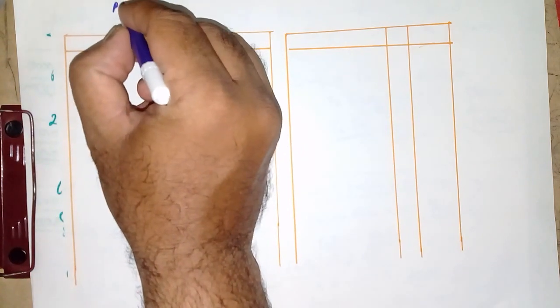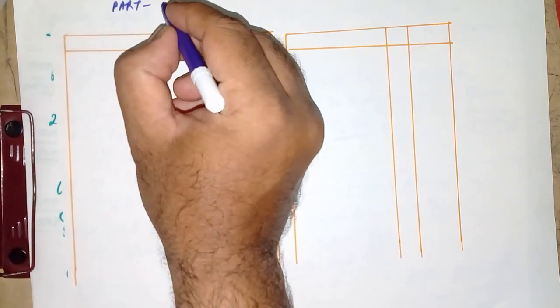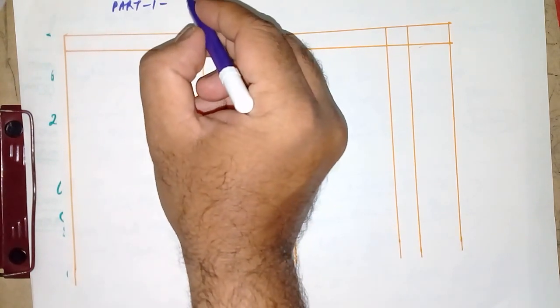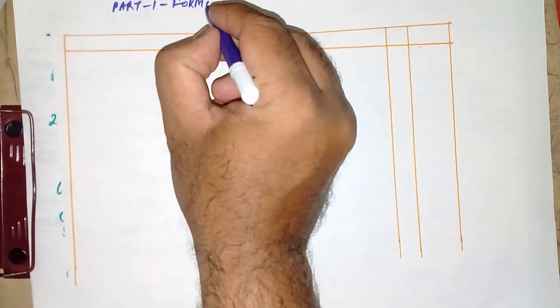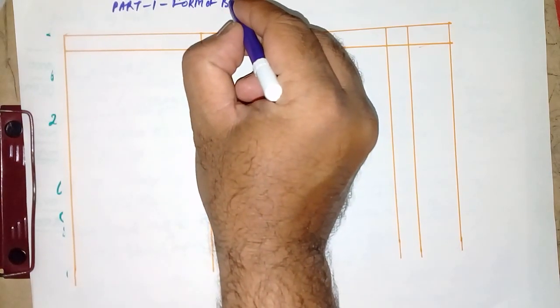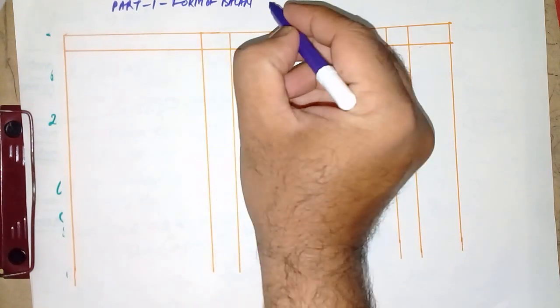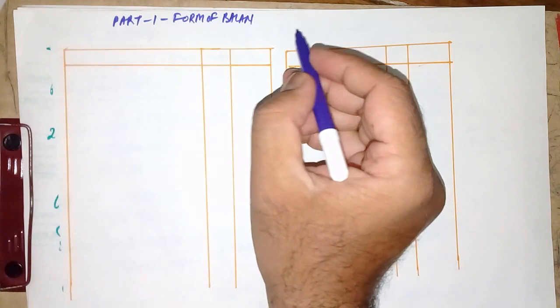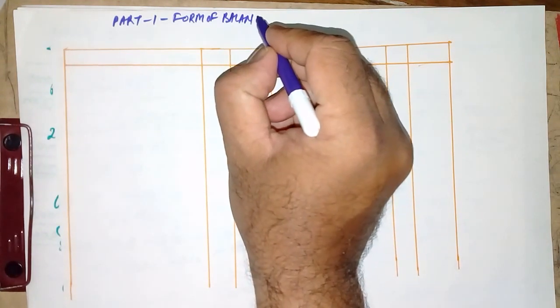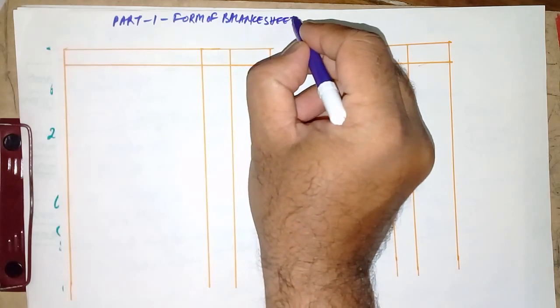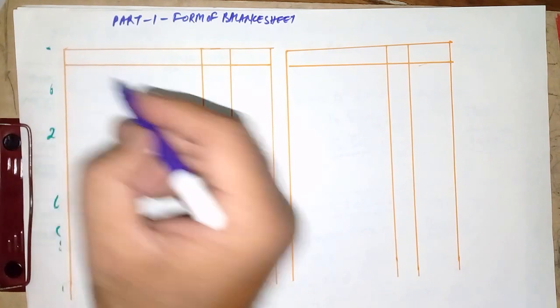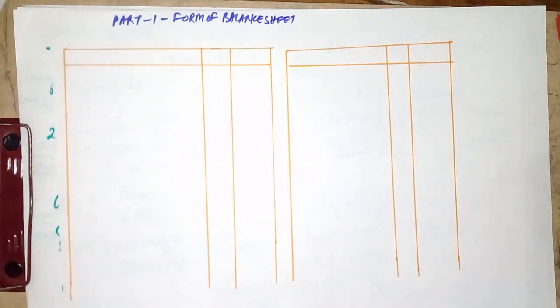You need to write Part 1, form of balance sheet, Part A, form of balance sheet, right? So company name, what is the name of the company? In the current question the name of the company given is Encore Limited, right?